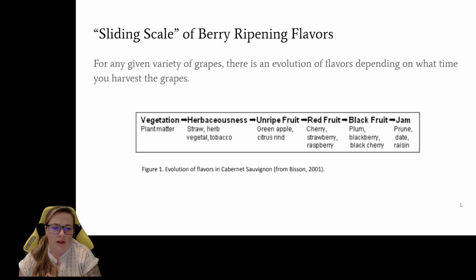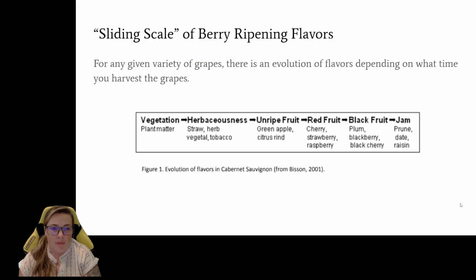Another thing that I want to talk to you guys about is the concept of the sliding scale of berry ripening flavors. And this is a scale that was created by Linda Bisson when she did research in 2001 on the evolution of flavors in Cabernet Sauvignon. And the big takeaway was for any variety of grape, there is an evolution of flavors depending on what time you harvest the grapes.